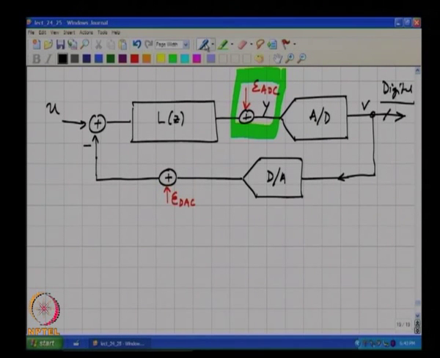Pardon? It is in the forward loop, EADC. Yes. So 1 by 1 plus L of Z. Correct. EADC will decrease. Right.